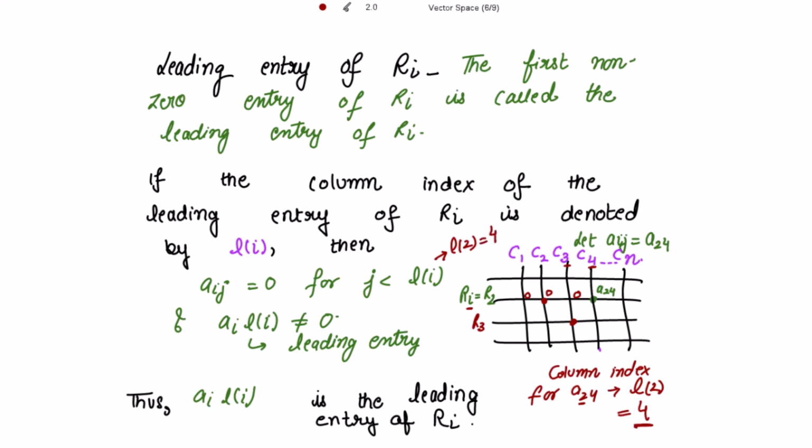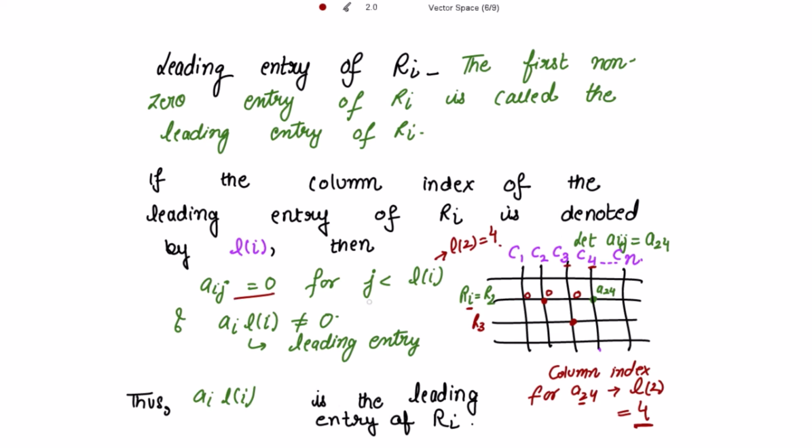They are saying all those entries for j strictly less than 4 should be 0. If i is the number of rows, then j is the number of columns. So for j less than the fourth column, that is for the first, second and third columns, all the entries should be 0, 0, 0.